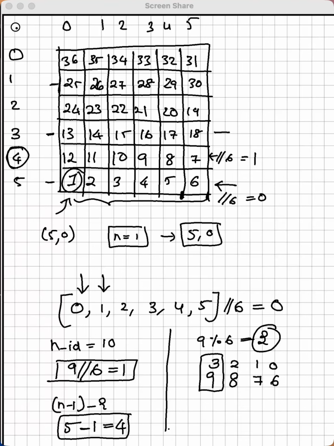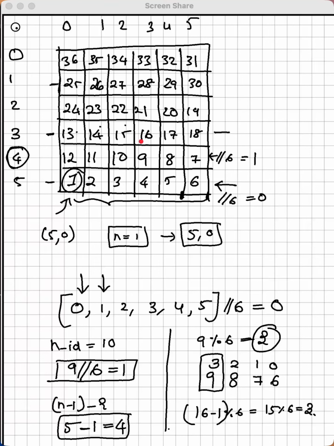Same way, if you look at, let's say, 16: 16 minus 1 modulus 6, that is 15 modulus 6, which gives me 3. I get 0, 1, 2, and 3.